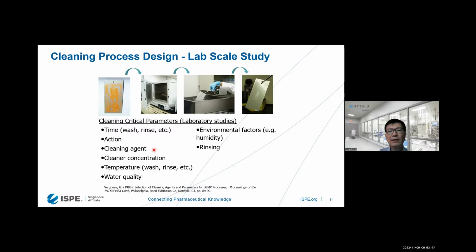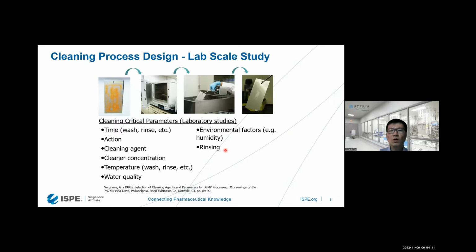Cleaning agents can be of different types, whether alkaline or acidic, depending on the type of soil that you have. Some even need a booster for the most challenging soils that some customers may have. The concentration, temperature, and water quality, needless to say, are important cleaning parameters. And whether and how many rinses.